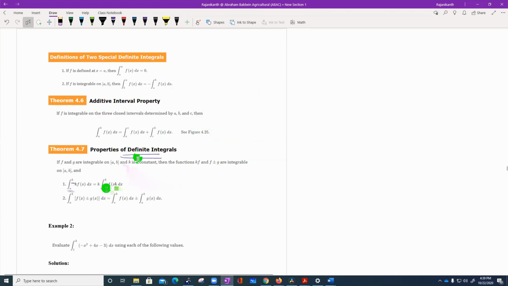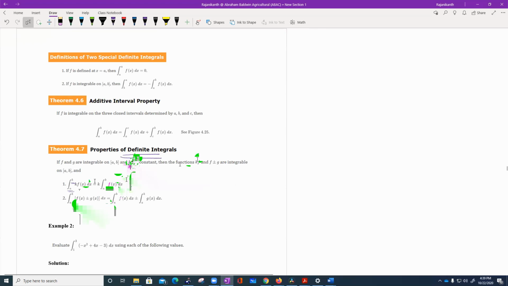Okay. Again, we have some additive properties for definite integrals. We call them definite integrals once you have the limits. If you see numbers at the top and bottom, we call that a definite integral. If you do not see any numbers, it is called an indefinite integral.